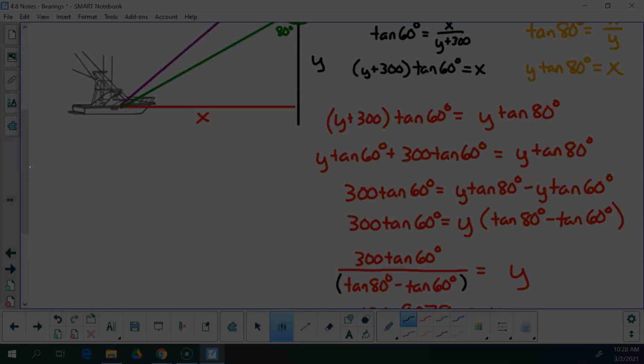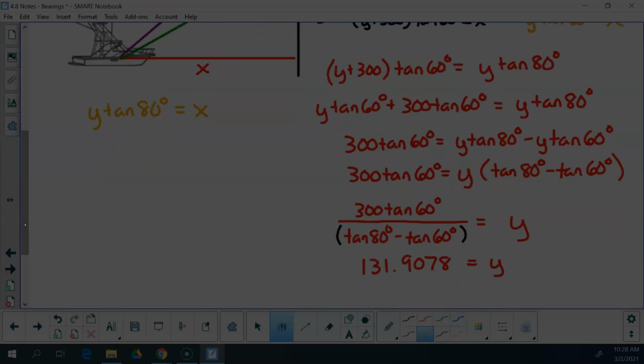So I'm going to go back to y tangent of 80 degrees is equal to x. And my y value is now 131.9078. And I'm going to multiply that by the tangent of 80 degrees. And that's going to give me x. So I'm leaving it on my calculator. I just hit times tangent of 80.